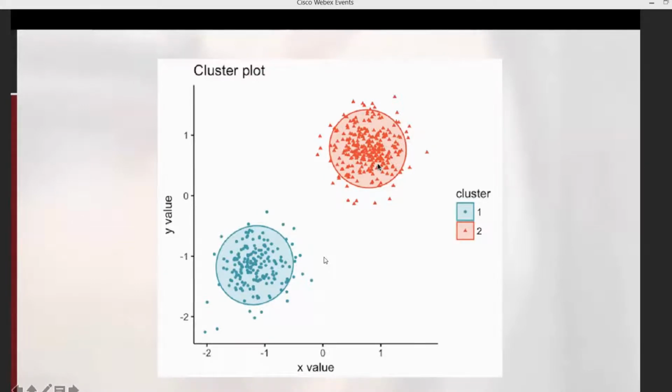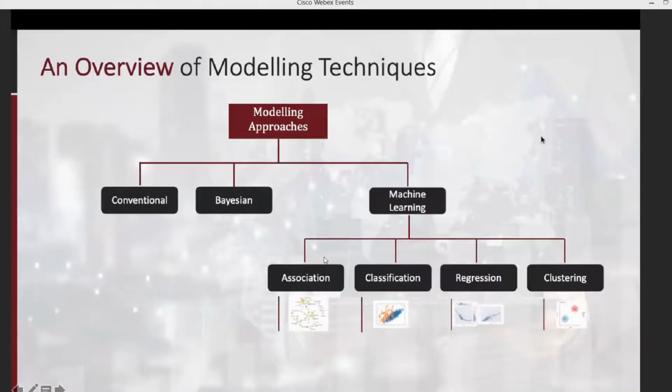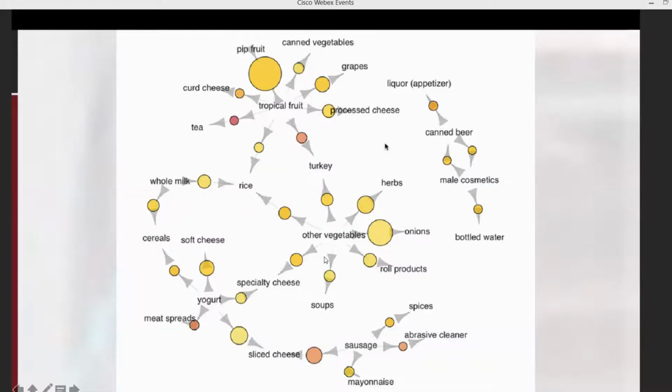And there's another thing, association. Association is heavily used in retail industries. In Bangalore, there are many hypermarkets, and they want to see what kind of association happens between products purchased. Let's say a person is purchasing tropical food. This association chart shows that a person who has purchased tropical food also purchased processed cheese, turkey, grapes, and canned vegetables.